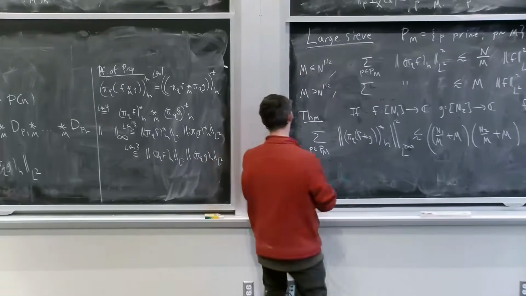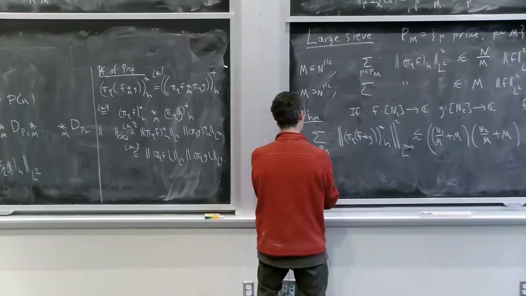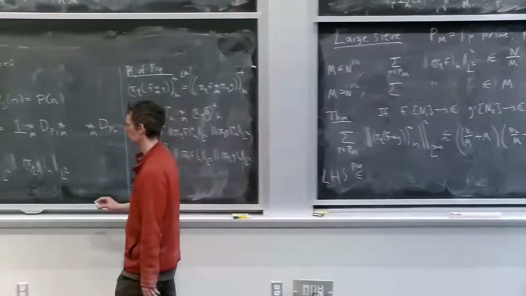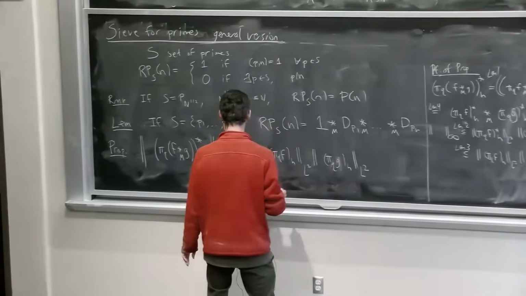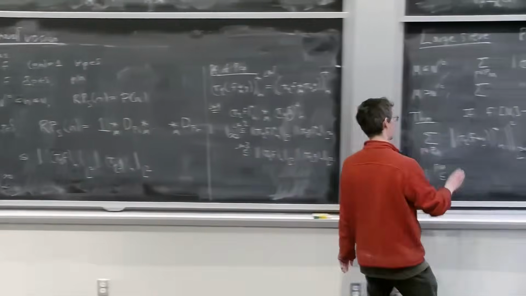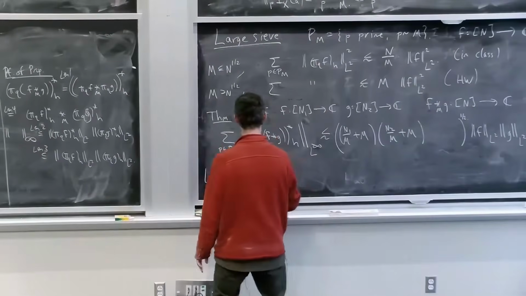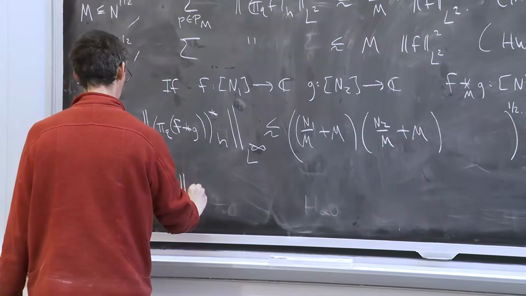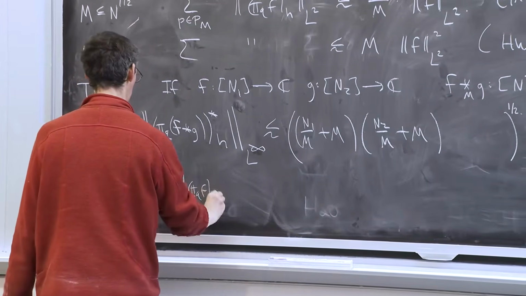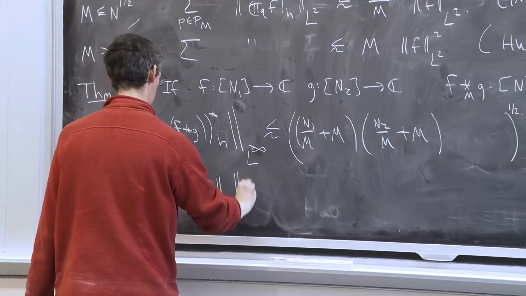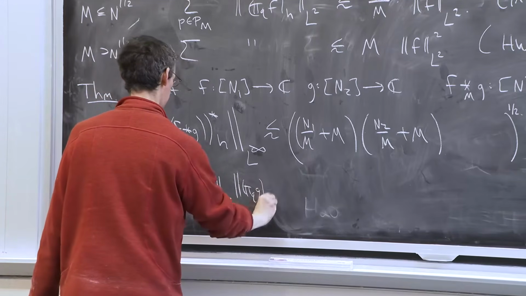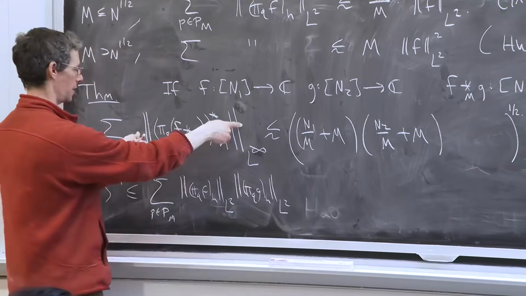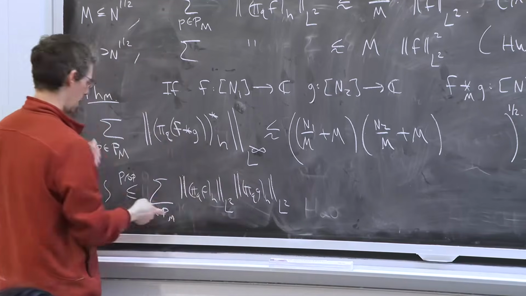If you start with the left-hand side and apply this proposition, we get the sum over p in Pm of pi q of f high L2 times pi q of g high in L2. So the proposition just said that this L infinity norm is bounded by this product. I copied down the sum.